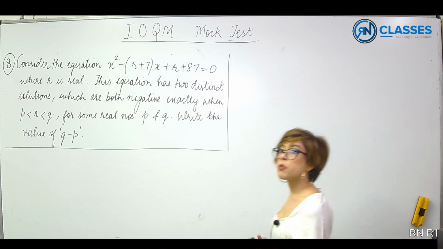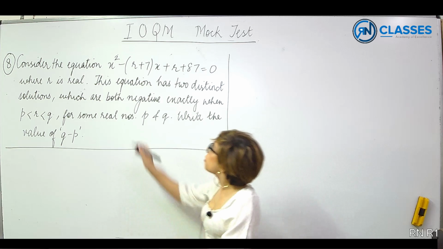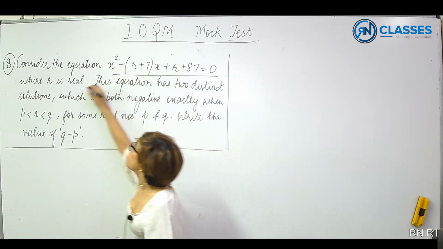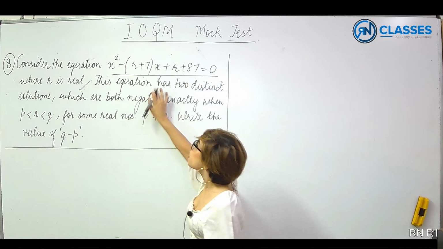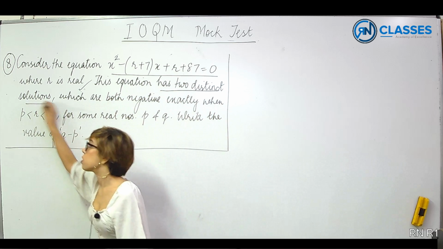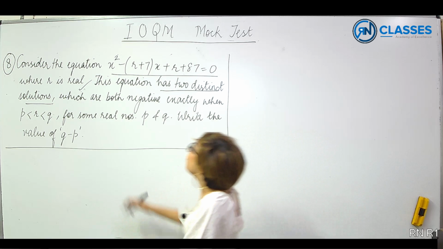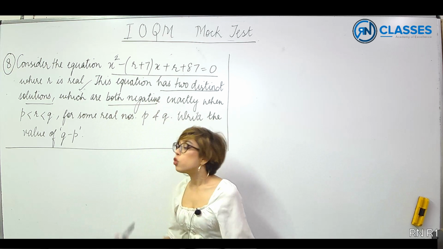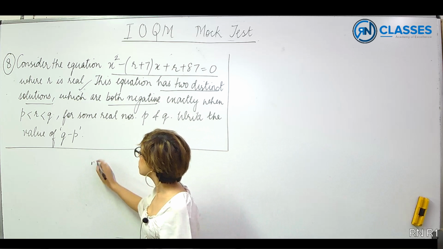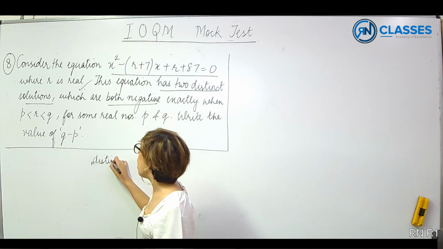Alright, for the next question, he says consider this equation where R is real. Now he says this equation has 2 distinct solutions. Now a quadratic equation has 2 distinct solutions which are both negative. Right? So distinct solutions I have, and both of them are negative.